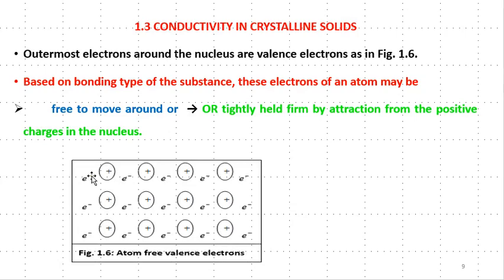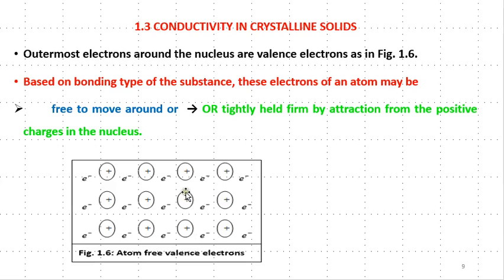Now, if you understand this, the next thing we need to do is the conductivity in crystalline solids. Let us assume that this is a solid material, and you can see this central part that has a positive sign, they are our what? Nucleus. And we assume here we have electrons outside the nucleus, that is in the shells. So it depends on what type of element we have.